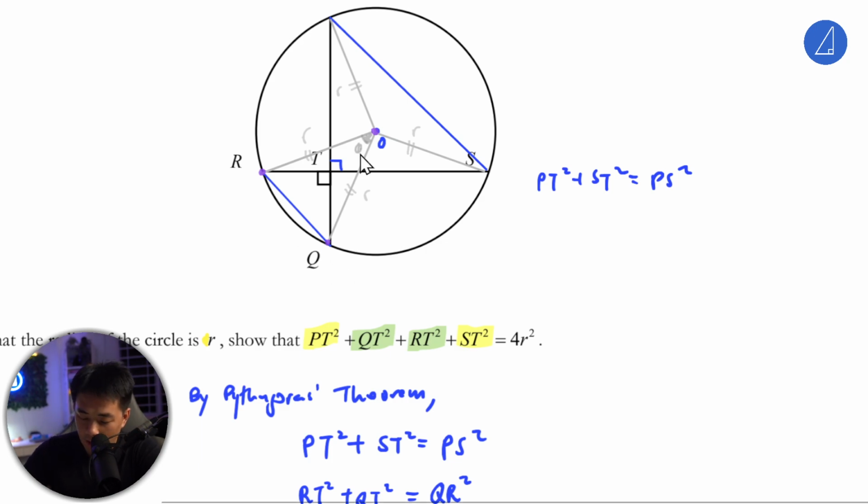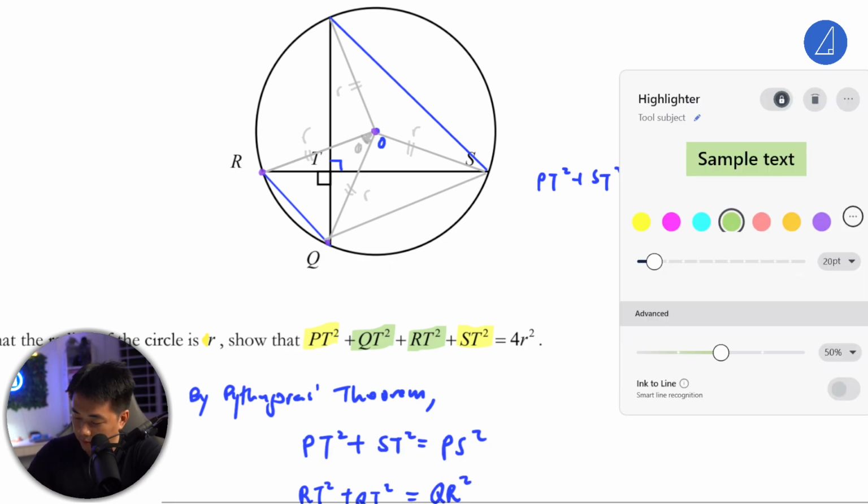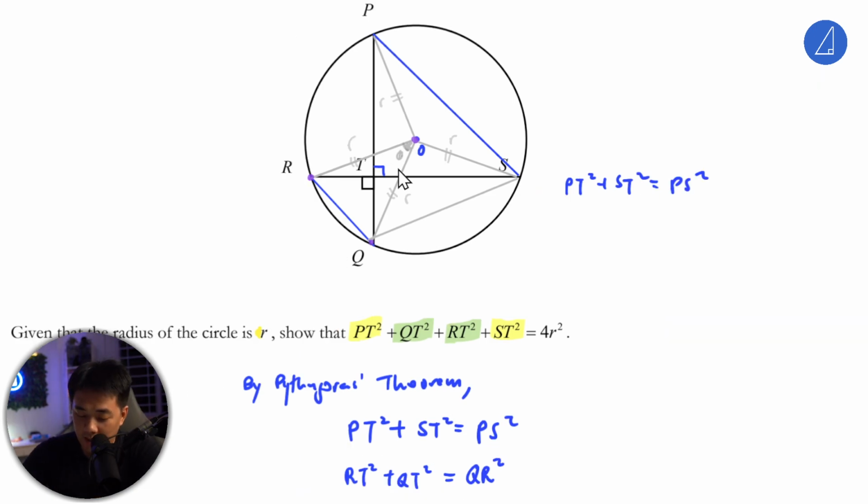Then from here, what we can say is that this is the angle at the center. Look carefully at this case here. If I let this be theta, this over here is my angle at the circumference. Because the angle at the center is twice the angle at the circumference, this is theta over 2.